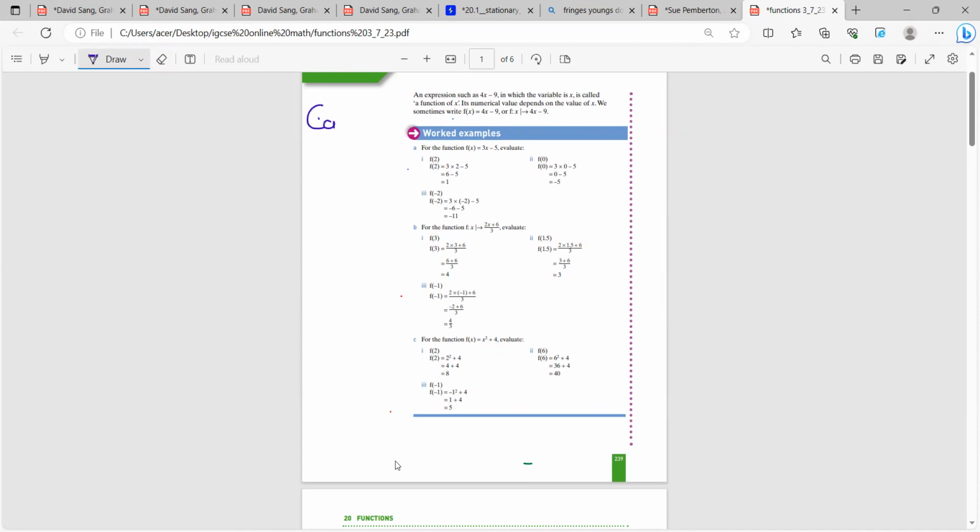So now case 3. Now case 3 is more like case 1. It's just composite function.